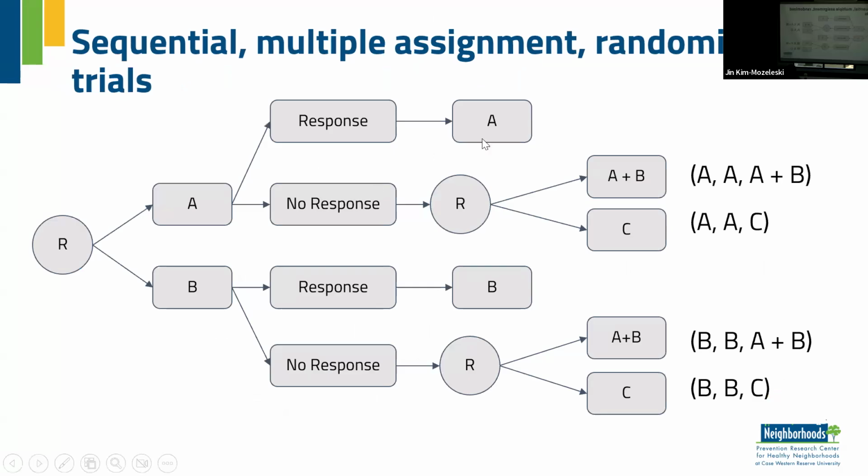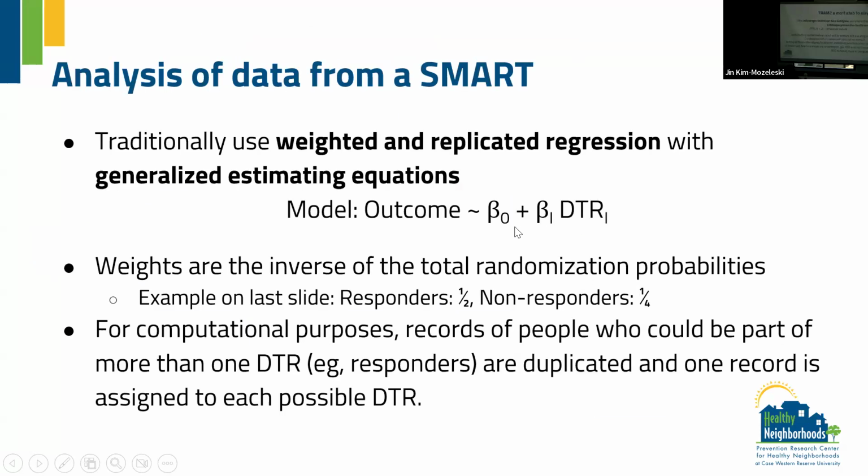So if we think about people who were responders to treatment A, they could have been part of the A plus B DTR or the AAC DTR, but we won't really know that because they were responders. So we would duplicate their record and assign one to A plus B, and one to AAC.